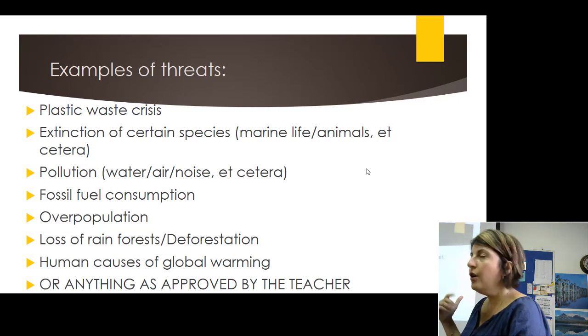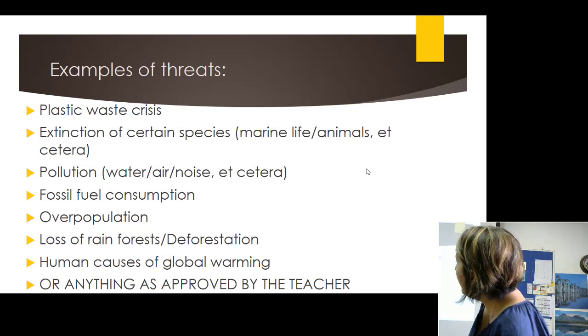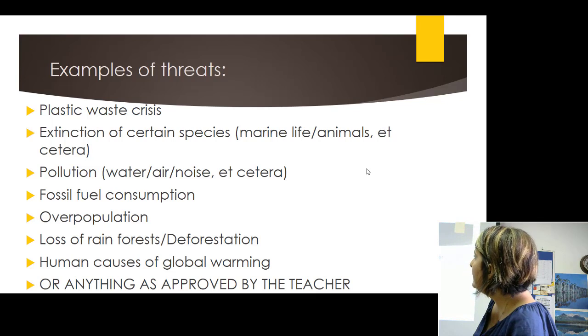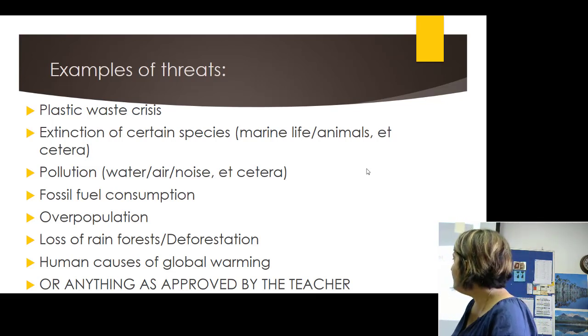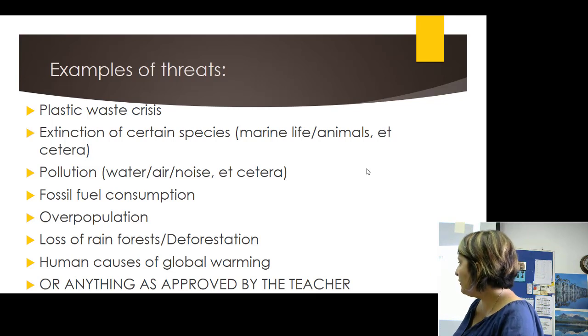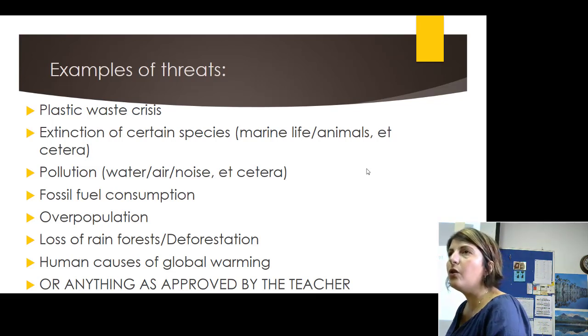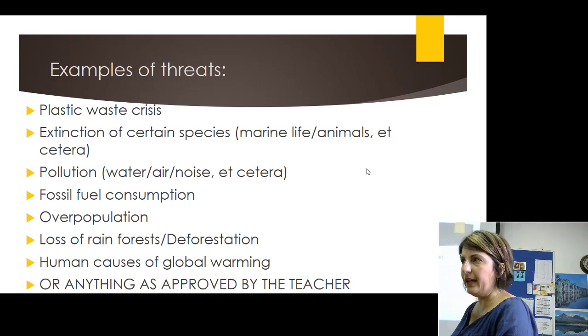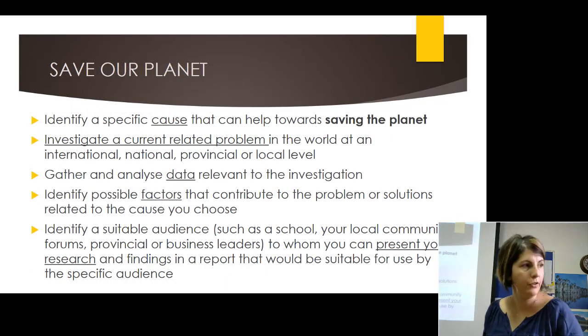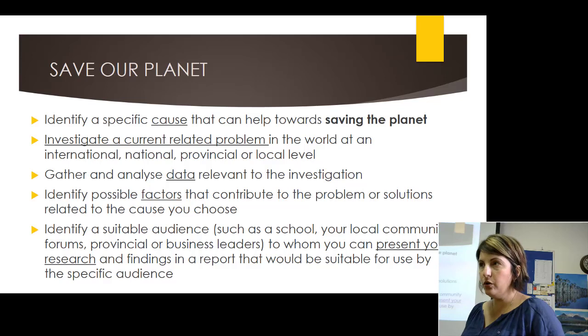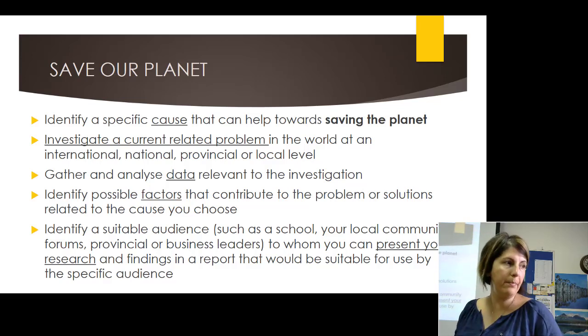However, you need to approve it because there are certain things that they are not allowed to do. I'll show you now. Right? So the threats could be plastic waste, extinction, pollution, fossil fuel consumption, overpopulation, deforestation, and then human causes of global warming. Those are threats. Right, so what do we do? We identify a cause to save our planet.